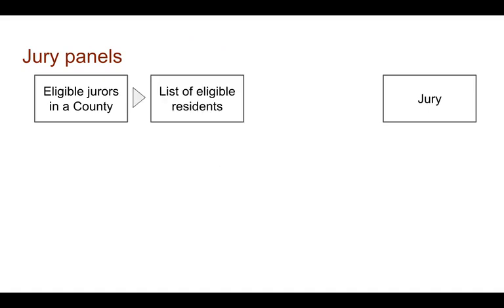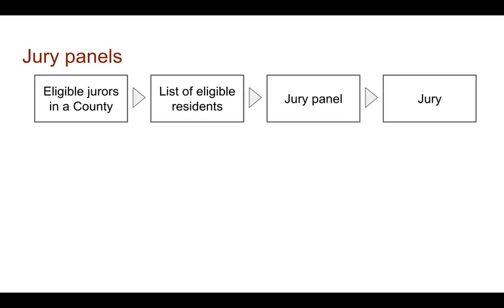And so eventually we're going to take from that pool of eligible jurors, a jury will be formed, but there's a couple steps in between. The eligible jurors come from a list of eligible residents, and then they get paneled. What that means is they're brought in, and then the lawyers get to decide whether they sit on the jury or not, or the judge can disqualify members from the panel from being actually on the jury.